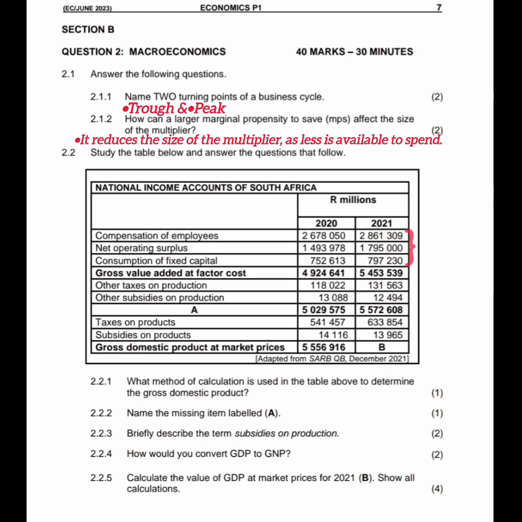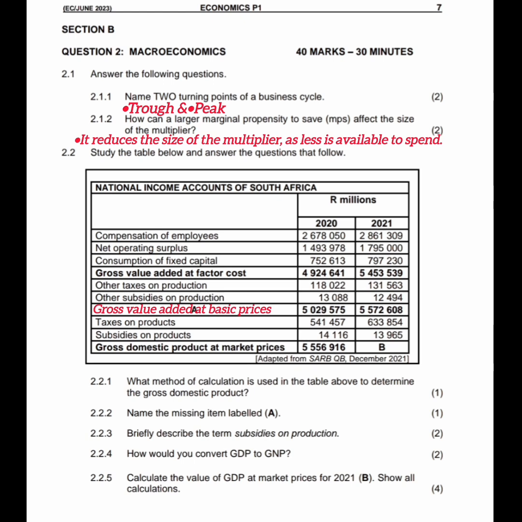Then when we add these three things, we get gross value added at factor cost, plus other taxes on production minus other subsidies on production, which is going to be equal to gross value added at basic prices. Our A is gross value added at basic prices.